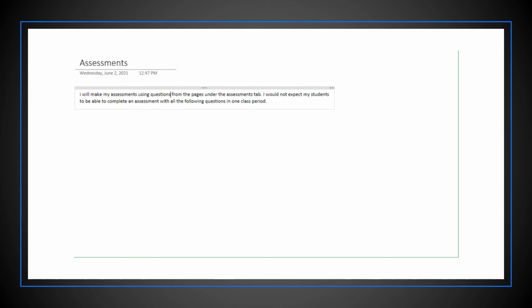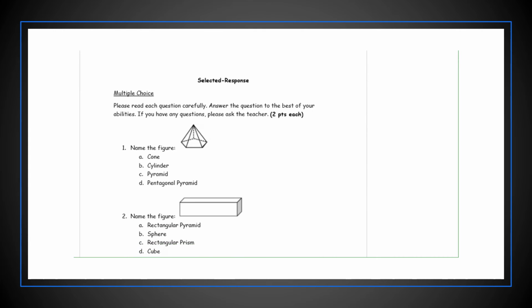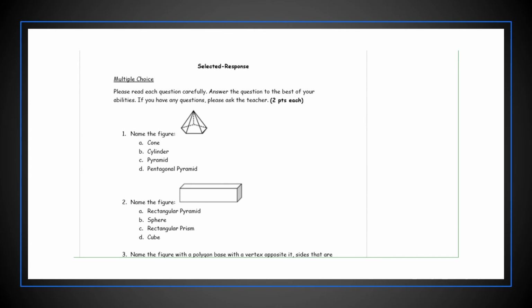Now I want to show you a little bit about my assessments. My assessments are not going to include all of the questions that I'll show you, but it will be different pieces of it. I mean, it could be all of it, but I wouldn't expect my students to be able to complete all these questions in one class period.